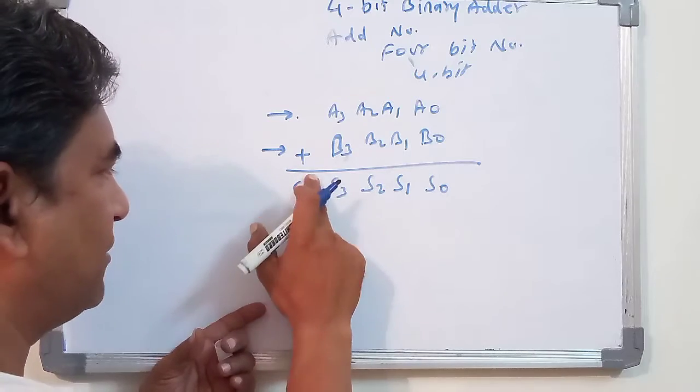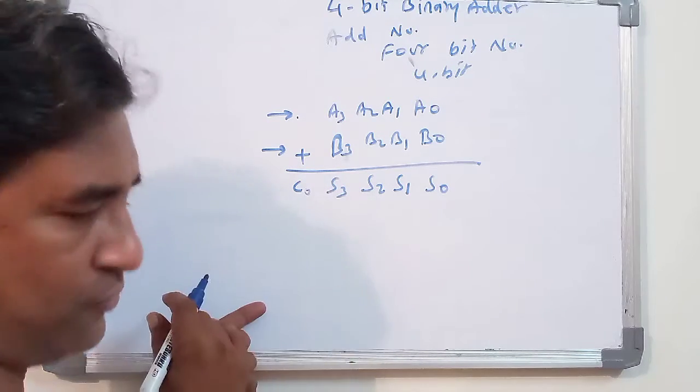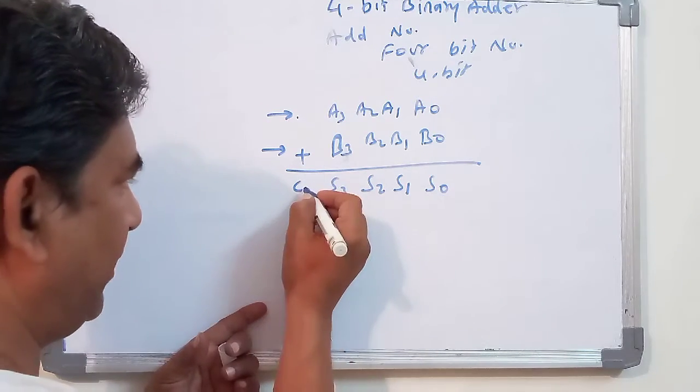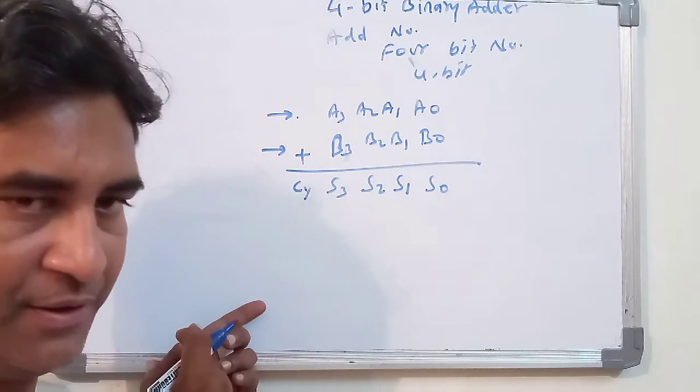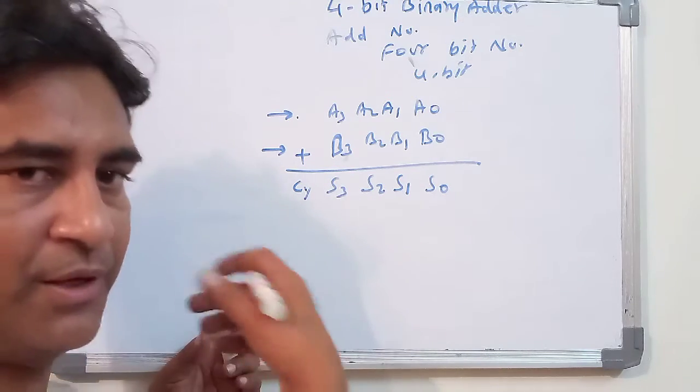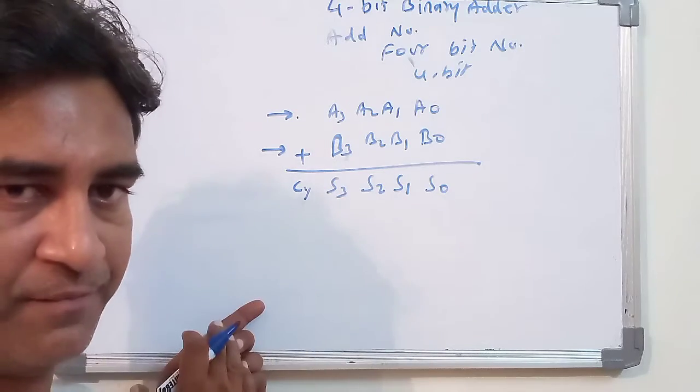Or you may just write C0 also, but for my convenience I am writing it as CY. It is very simple to understand that CY is nothing but the carry.